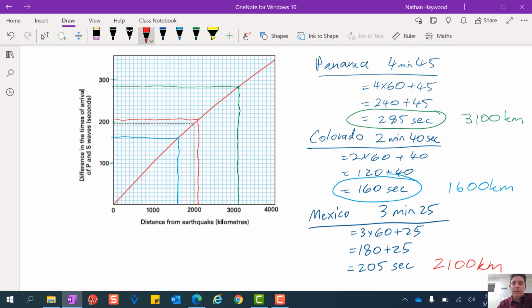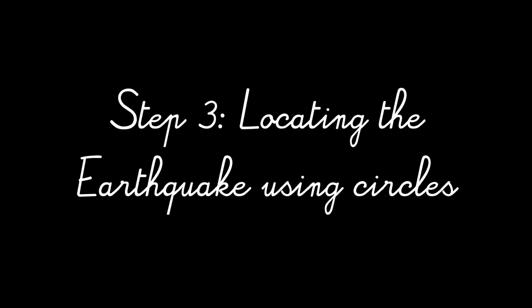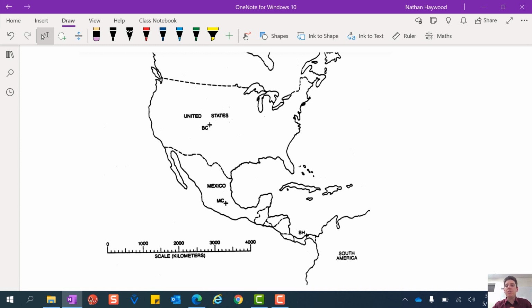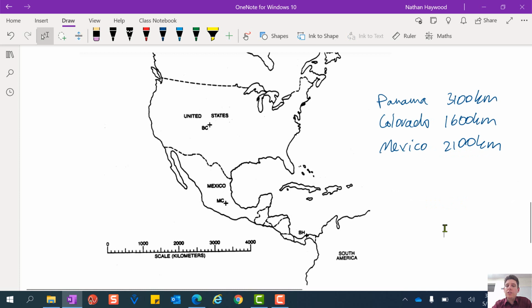So we're going to use this now. Our third step is using those calculations we found to figure out where the earthquake could be. Now, to do that, we need to use our scale. You need a ruler and you need to draw a circle around those three cities.